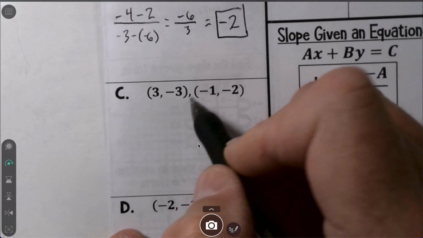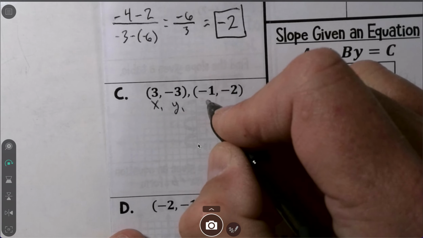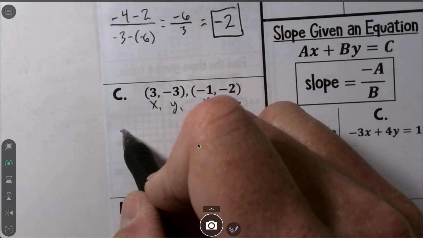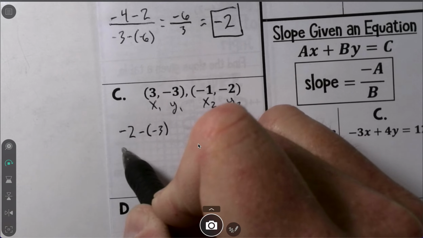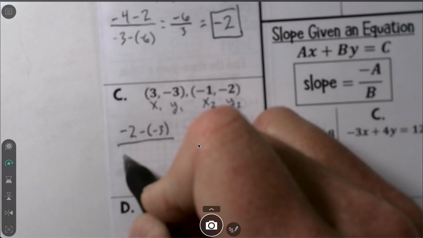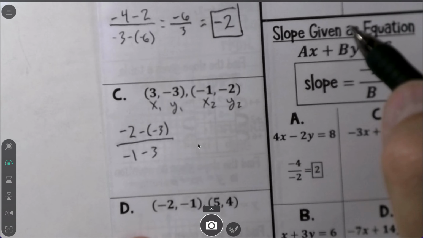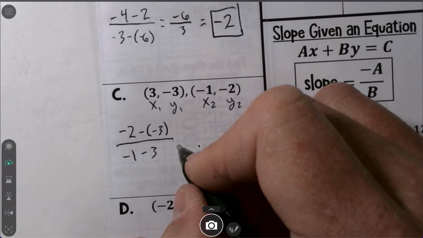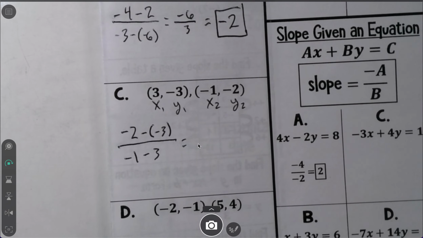All right. So x1, y1, and x2, y2. So negative 2 minus negative 3 over negative 1 minus 3. So what is negative 2 minus negative 3? Or negative 2 plus 3.